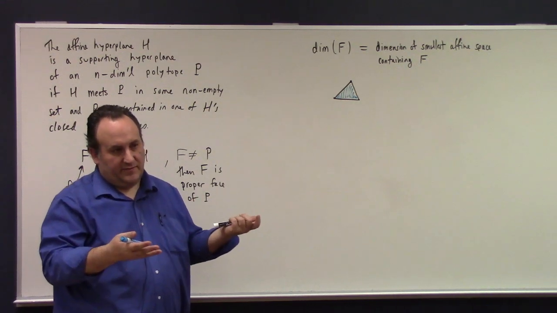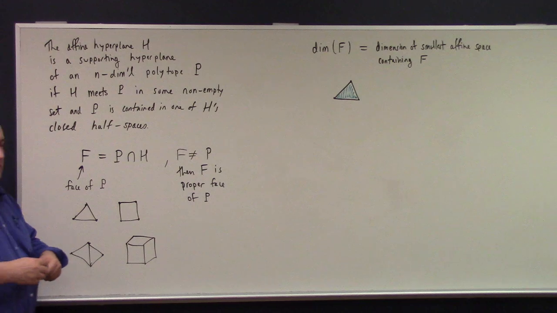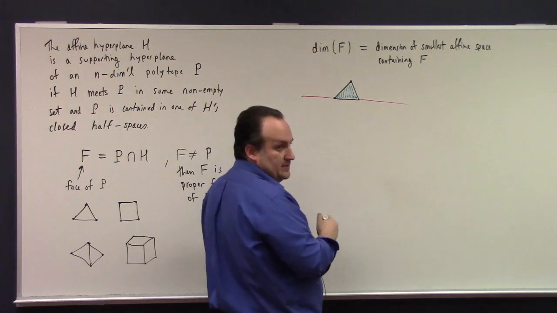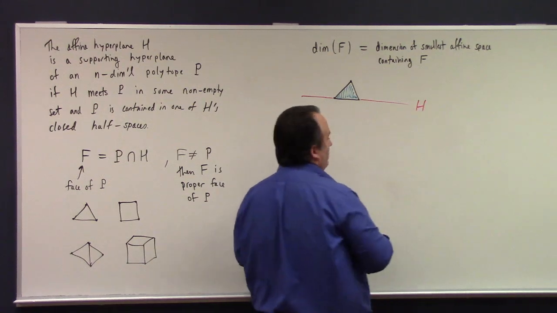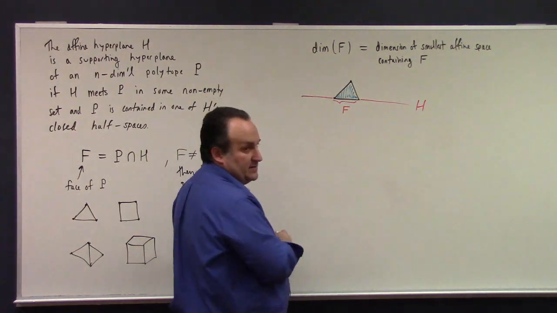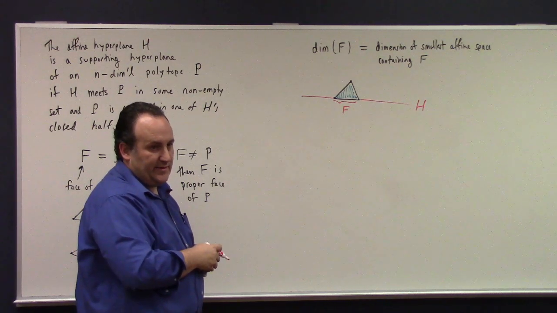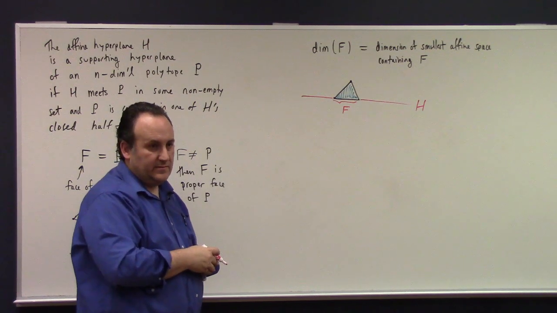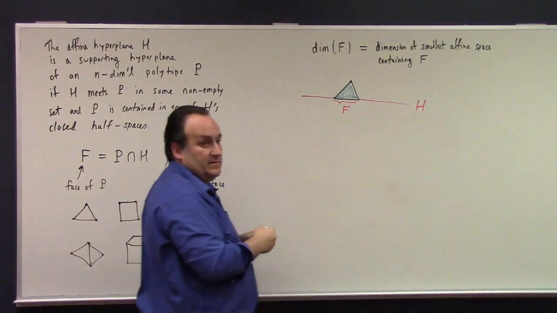It's not proper because it's the whole triangle. On the other hand, I can take this as my affine hyperplane, and that would make this right here a face. It's contained in a one-dimensional affine hyperplane, namely a line, and that makes that face one-dimensional. So the line segment is one-dimensional. It is a face because the whole triangle is in the upper half plane.